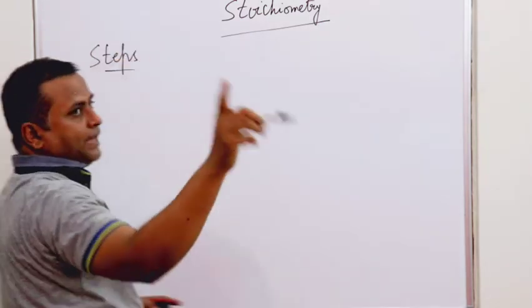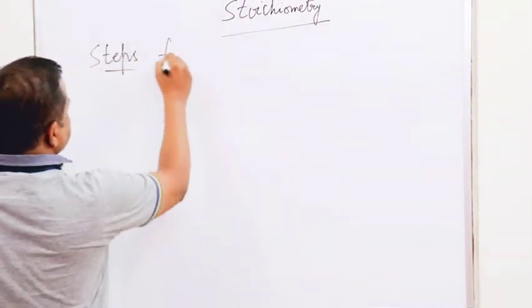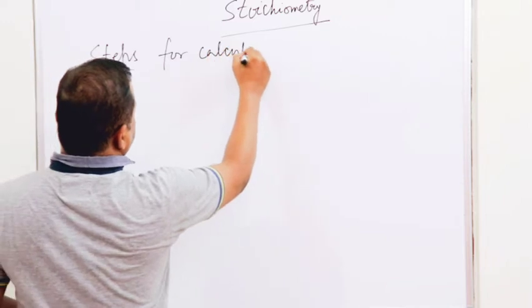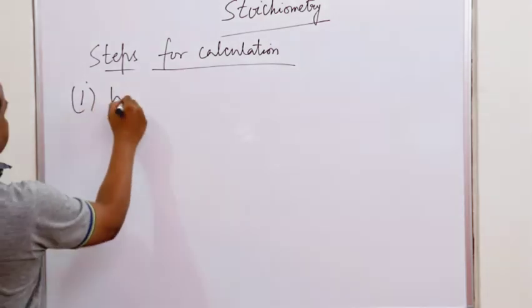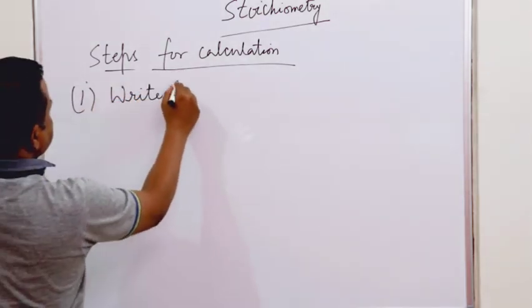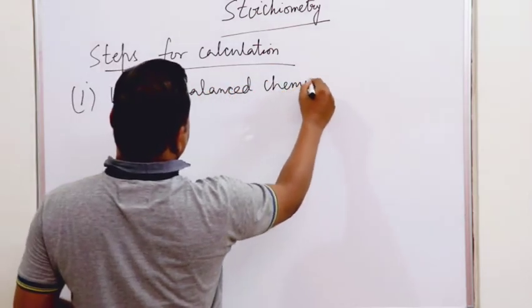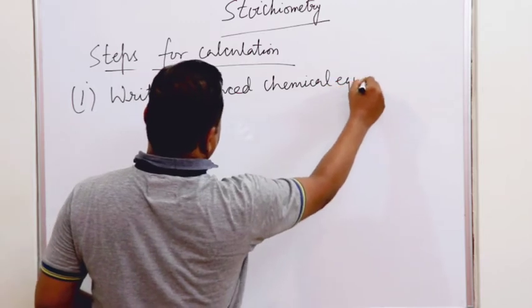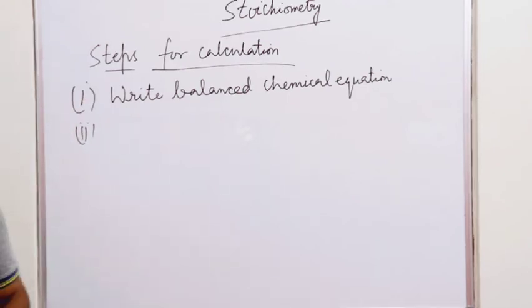Whenever you are doing calculation based on stoichiometry, first point, write the balanced chemical equation. Whenever there is a chemical reaction, you have to write out the balanced chemical reaction from the given question.